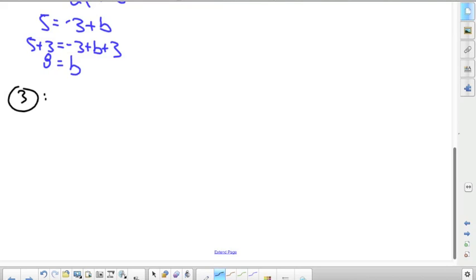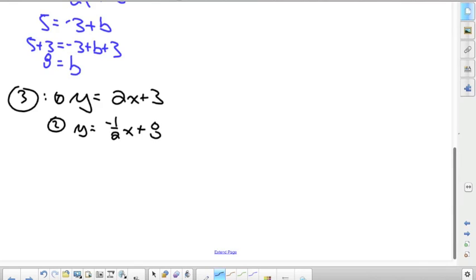So what's the equation of the first line again? y is equal to 2x plus 3. And the second equation is y is equal to negative 1/2 x plus 8. So again, we have our two equations. How do we eliminate? Well, we can eliminate just by subtracting the two, right? y minus y will give us 0, so we can subtract.